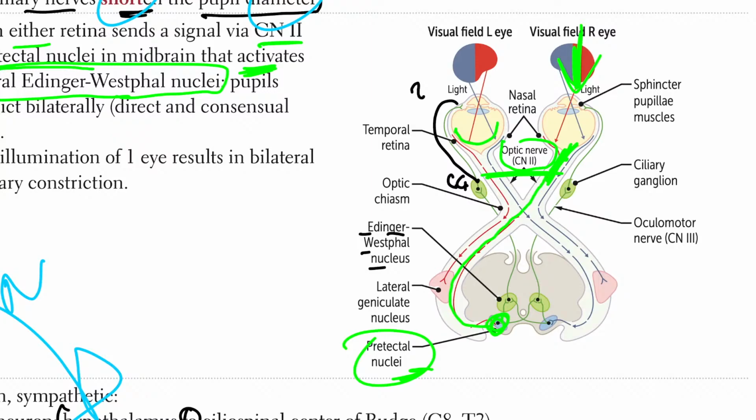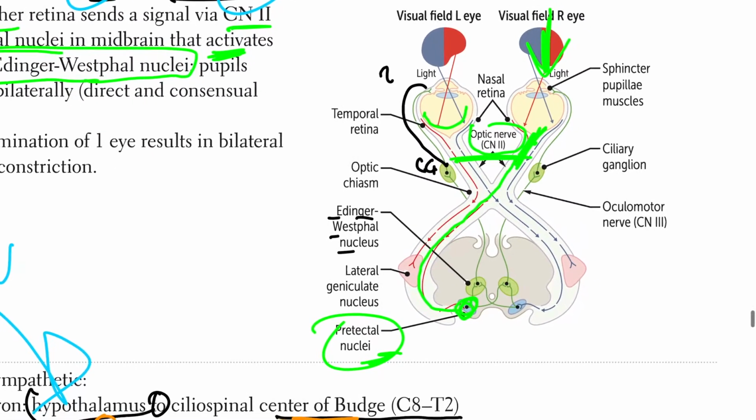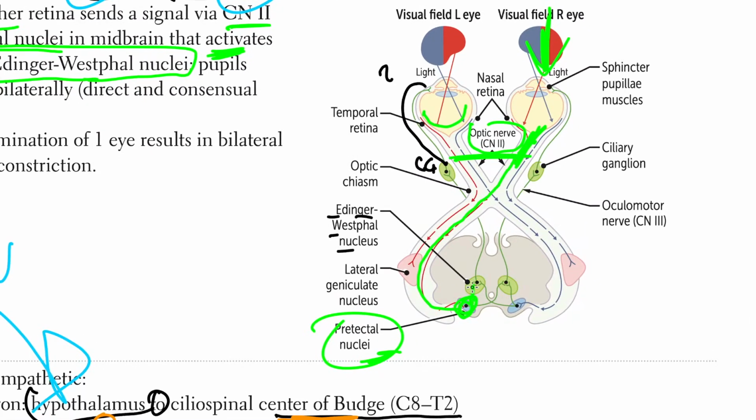Now, this one pretectal nucleus stimulates both sides of the Edinger-Westphal nuclei. Look, this fiber is going here and here. So this side is going to constrict the pupil, and the other side is also going to constrict the pupil.